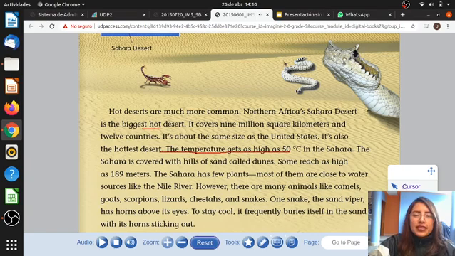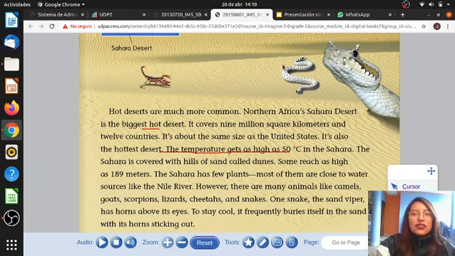Okay, in this case, please look at the picture. Snakes and scorpions. And this snake is so interesting because it has horns above its eyes. Tiene cuernos sobre sus ojos.